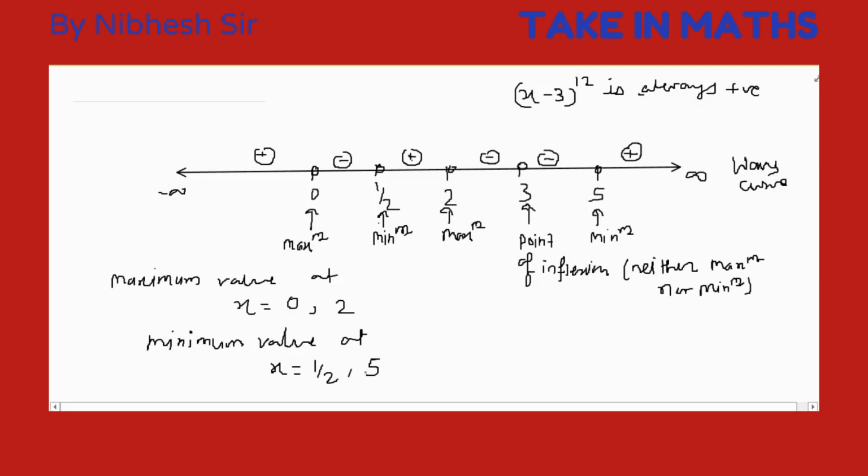So these are the points where we attain the local maximum or local minimum: local maximum at 0 and 2, and local minimum at 1/2 and 5.